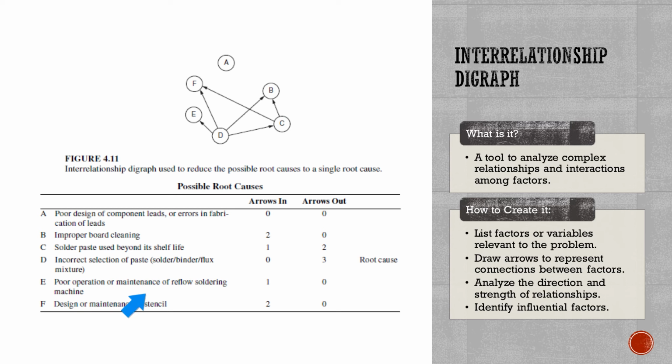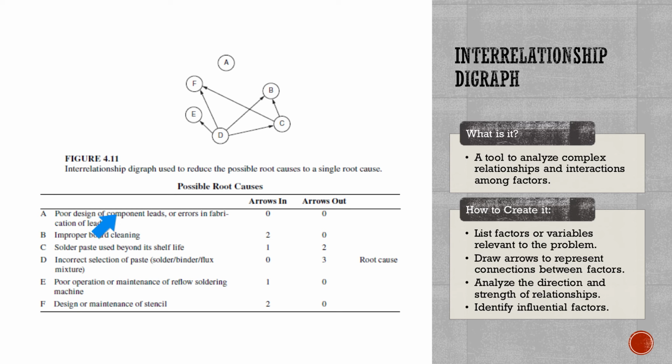On the left side, we will list all the potential causes that may affect the bad soldering joint, such as poor design of component leads or error in fabrication of leads, and then improper board cleaning, solder paste used beyond its shelf life, expired maybe, and then incorrect selection of paste, solder, binder, flux mixture is not well chosen, and then poor operation or maintenance of reflow soldering machine, and then design or maintenance of stencil is poor maybe.